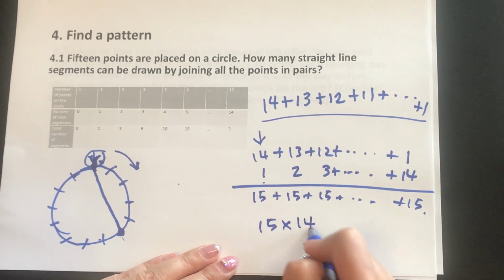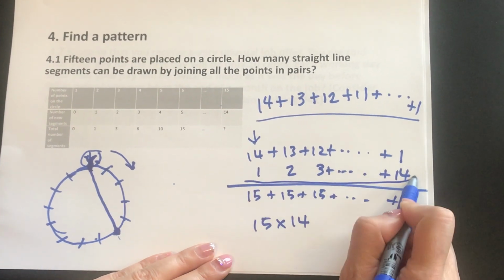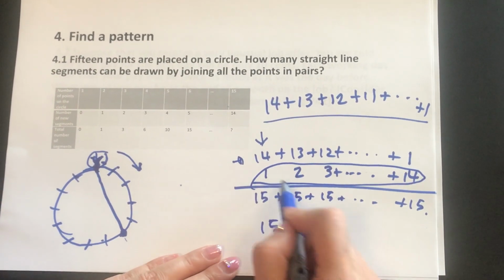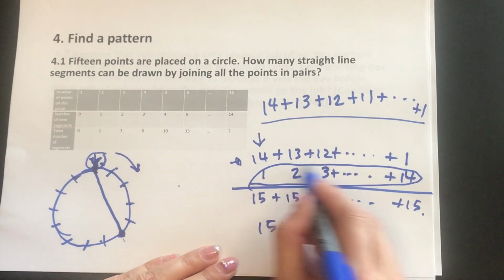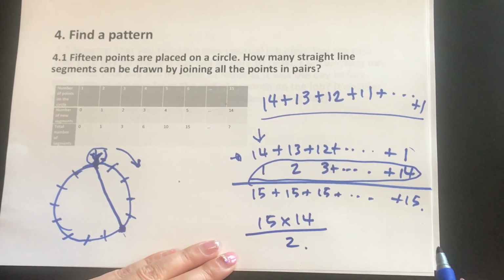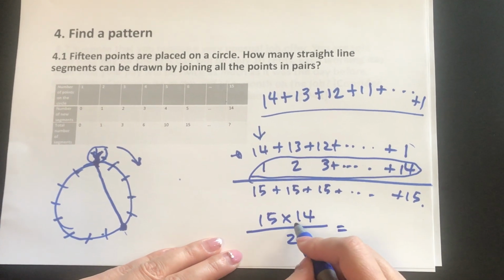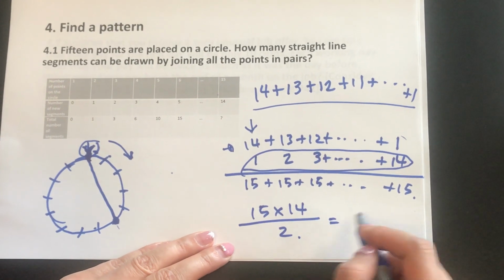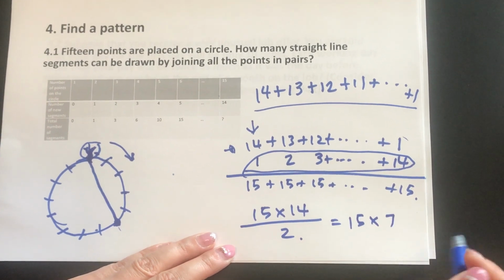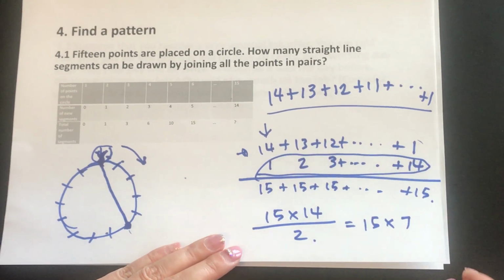We have a total of 14 pairs, but this second line equals the first line, which I added, so the original summation is half of this. So the total would be 15 multiplied by 14 divided by 2. So 15 multiplied by 7. So the students can carry this out.